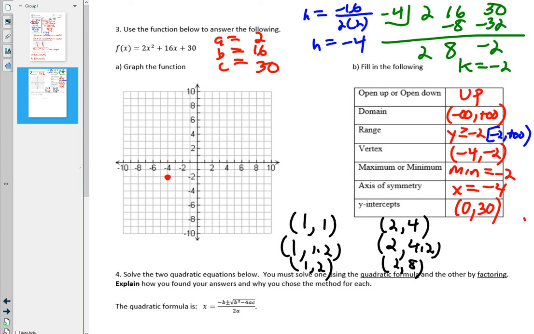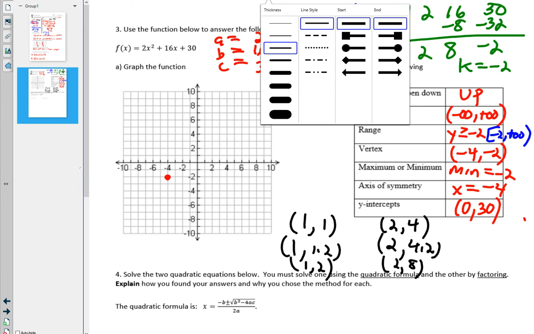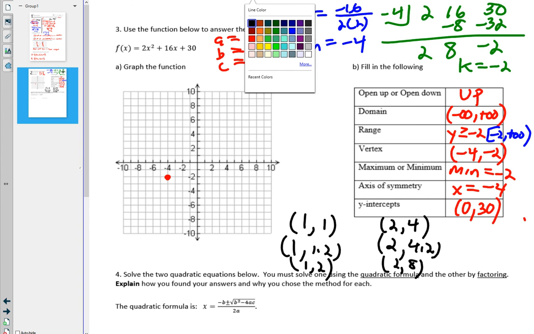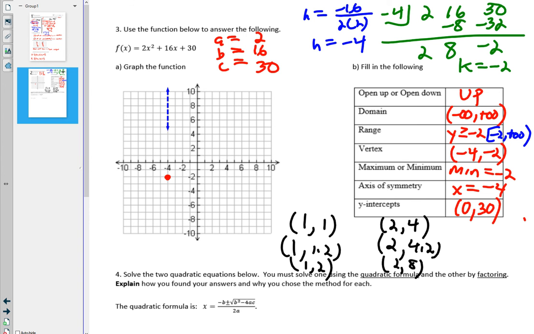I'm not going to plot a point at (1, 2) or at (2, 8). I'm going to use the axis of symmetry, which goes through the vertex. From the vertex, I'm going to go 1 to the right and 2 up.